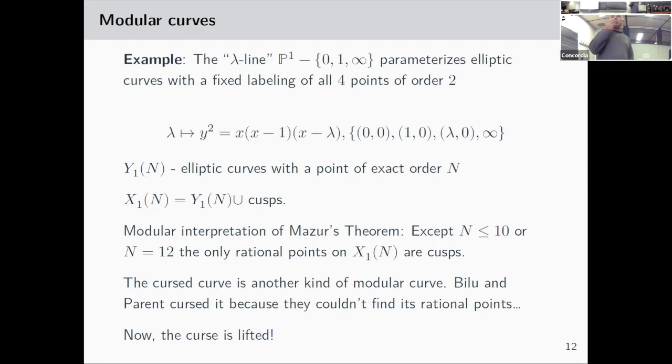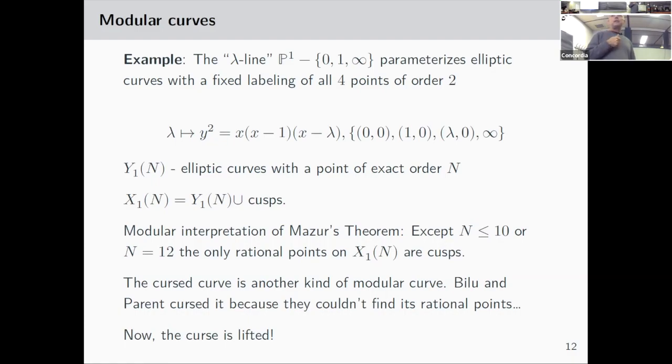The people who did that, Yuri Bilu and Pierre Parent, were able to do this for all curves of interest in a particular class, except one. This is the non-split Cartan for the case n equals 13. Whatever that is, that was the one single curve they couldn't handle using their technique.